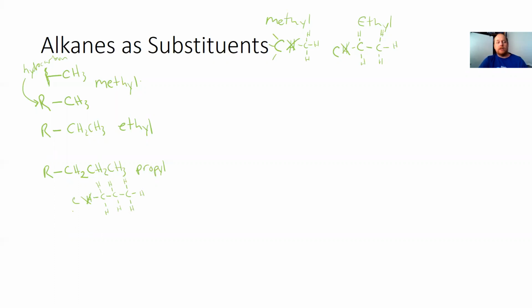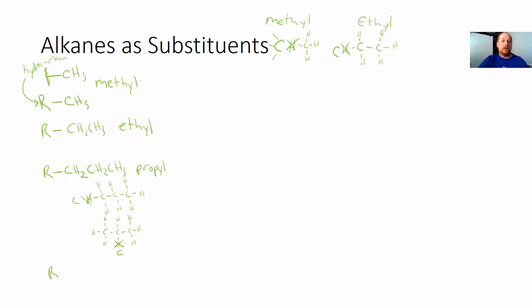If, however, you knock off the middle hydrogen and attach from the middle, so here's our propane molecule, it would become isopropyl. Basically, you're attaching it from one carbon in, and it becomes an isomer.